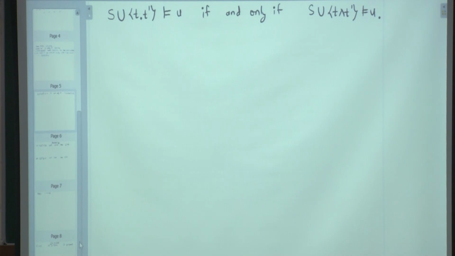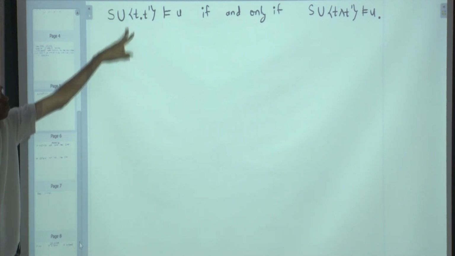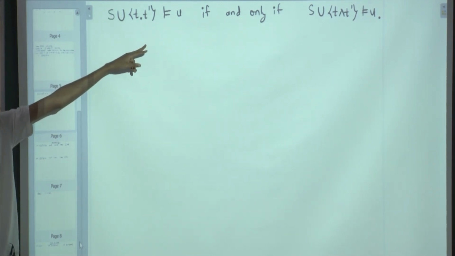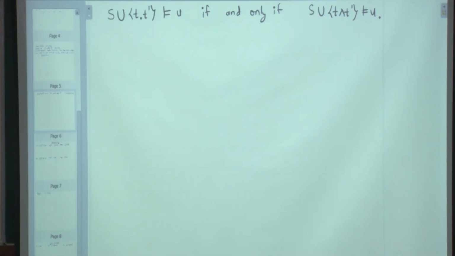In fact, here you don't even have to use contrapositive. You just do it directly. Whenever this is true, then that is true. So whenever this is true, then this is also true. That is if and only if.